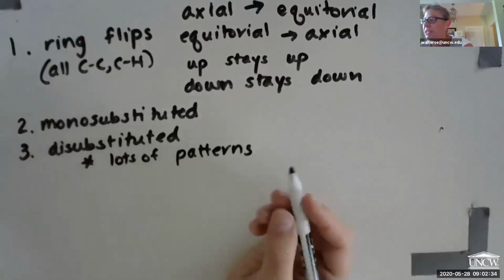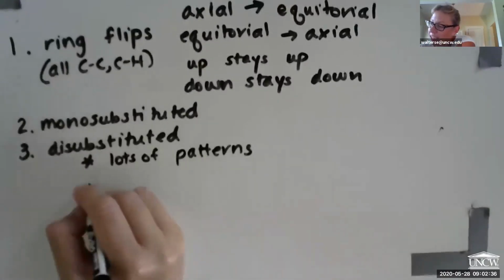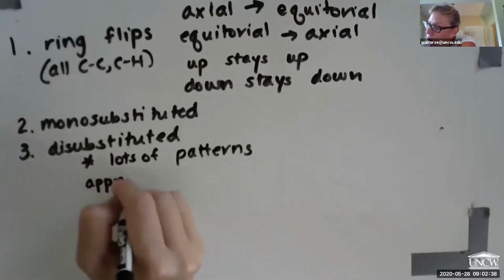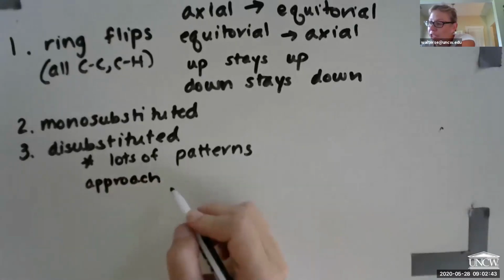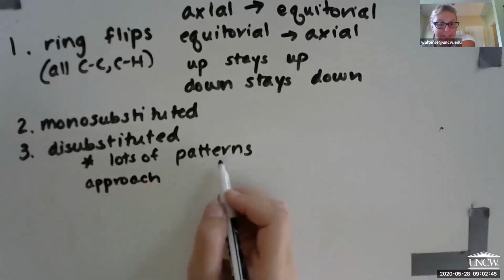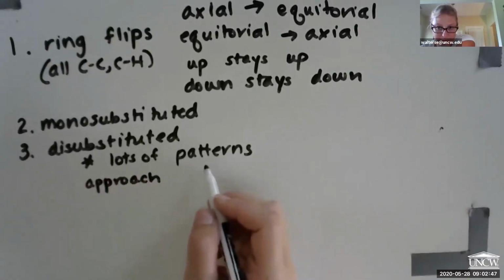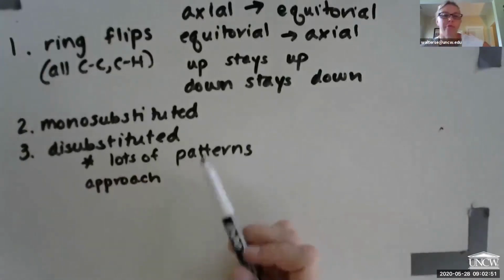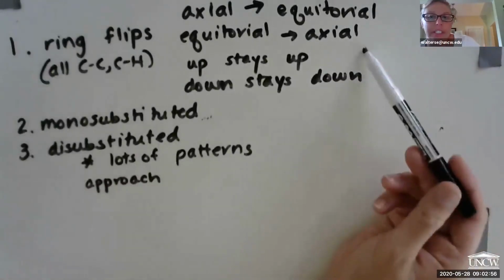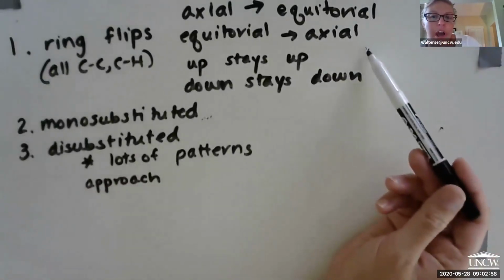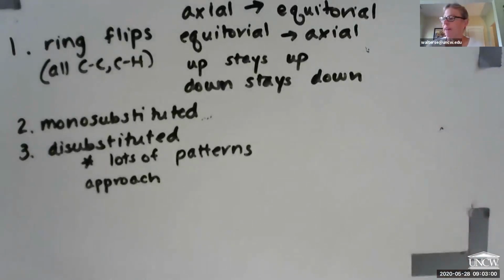What we're going to spend our time working on is the approach. If you learn the approach, it'll help working with any of the patterns. If you try to memorize it, it's going to get overwhelming very quickly. Okay. So before we go into the monosubstituted ring, does anybody have any questions about ring flips when all you have is a plain cyclohexane ring?